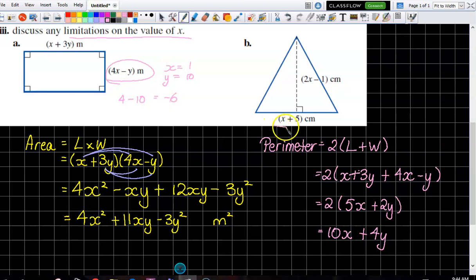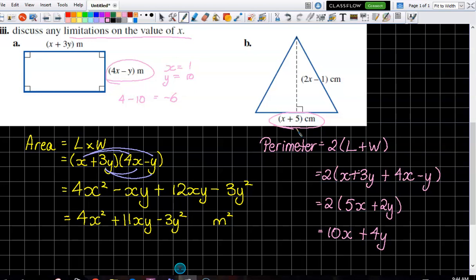If we're looking at this length here, x plus 5, could x be 1? Yep, 1 plus 5 is good. Could x be minus 1? Yes, because minus 1 plus 5 is 4. That works. So what values couldn't it be? Couldn't be minus 6. Could it be minus 5?